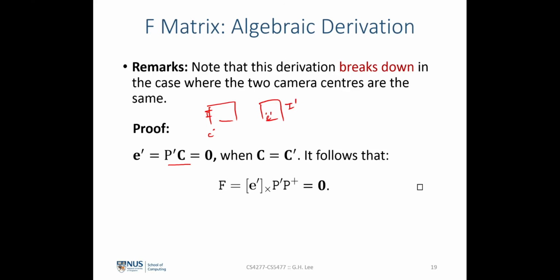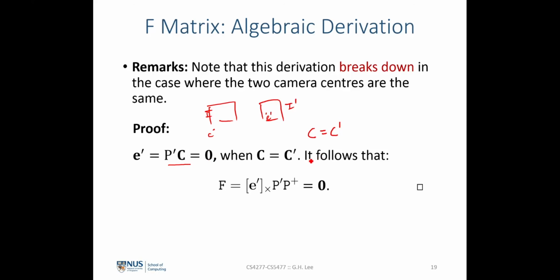So in this particular case, where C simply equals C prime, this means that the two camera centers are the same. We can see that the projection of C into the second view, which is P prime multiplied by C, is going to be a null vector, which is 0.